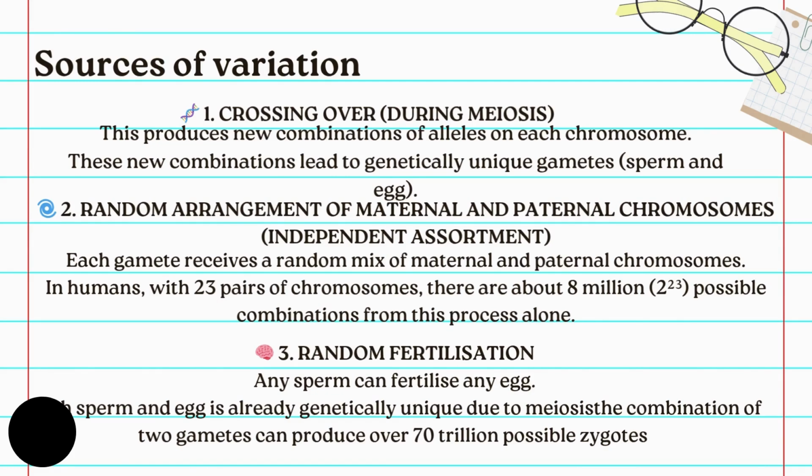We've talked about crossing over during meiosis. You can watch my meiosis videos and learn more about how that occurs. But crossing over produces new combinations of alleles on each chromosome, so the new combinations lead to genetically unique gametes.